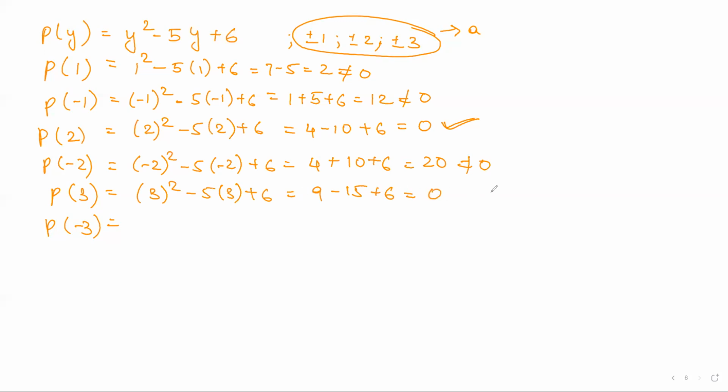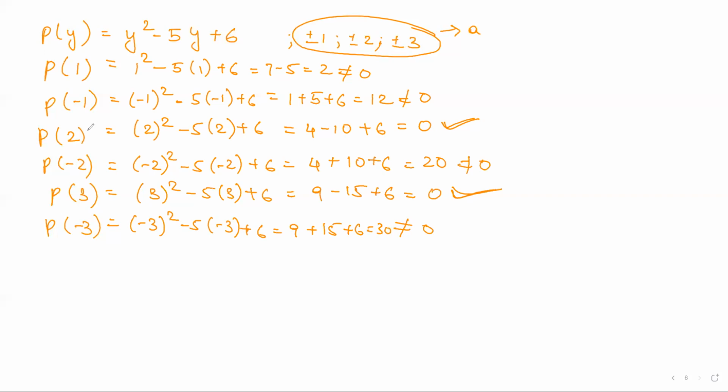This is 9 plus 6, 15, minus 15, 0. This is your second value. Now if you calculate for the third value, you'll get an answer which is not equal to 0. Let's calculate it anyway. Minus 3 square minus 5 into minus 3 plus 6, which is equal to 9 plus 15 plus 6, which is equal to 30.